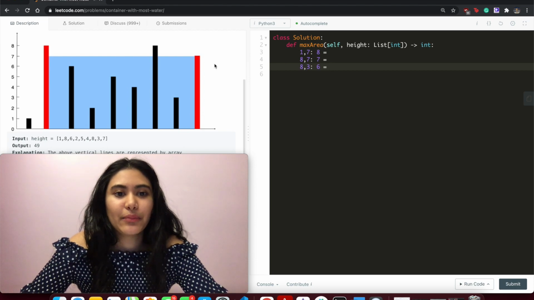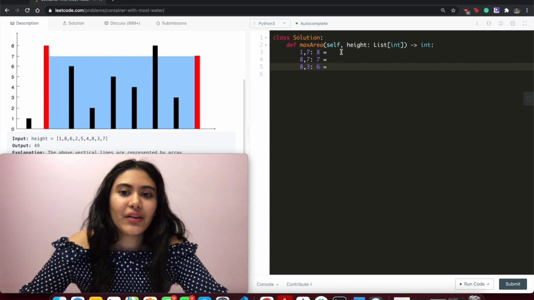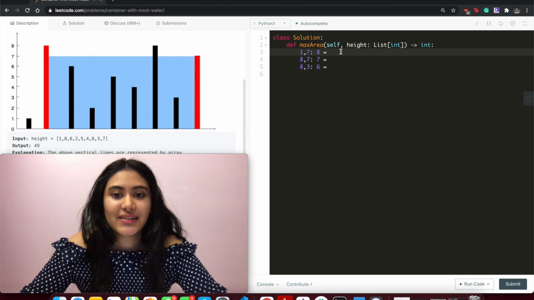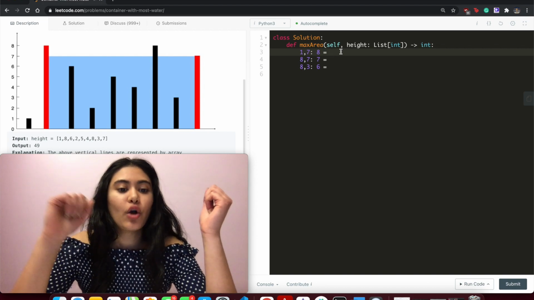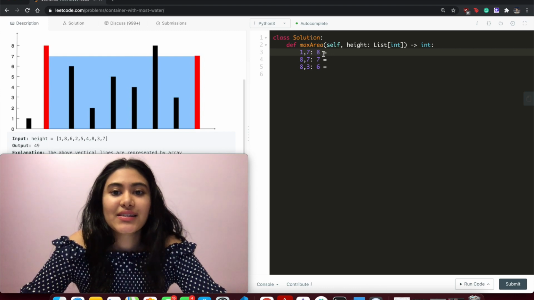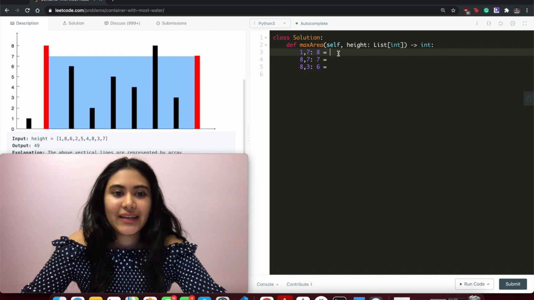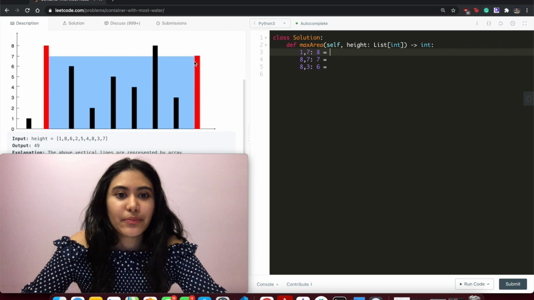Well, first we need to be able to find how much water a certain container can store. So if we're given lines of 1 and 7, we have two heights, 2 bars, one of 1, one of 7, and if the distance or length between them is 8, what is our area? Well, we know in any container, we have to take the minimum height.